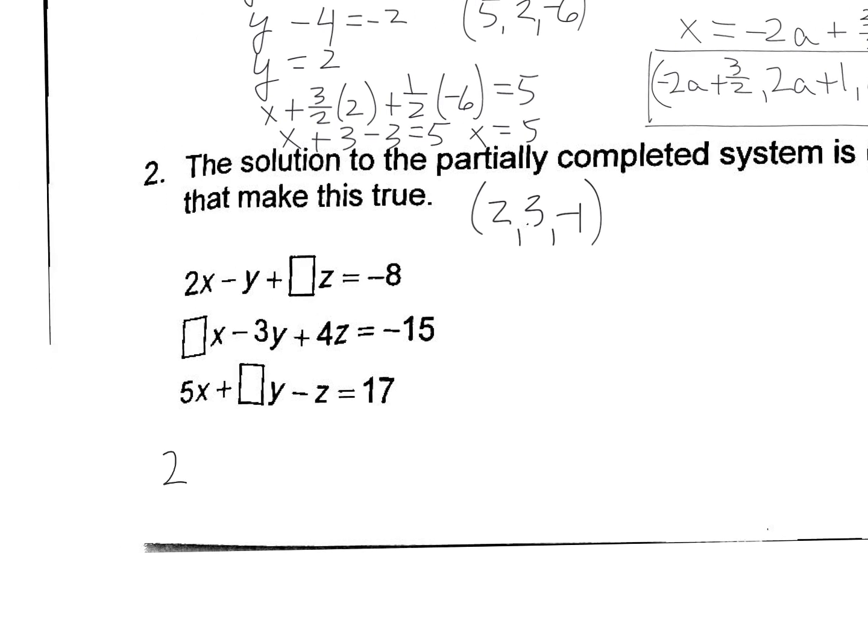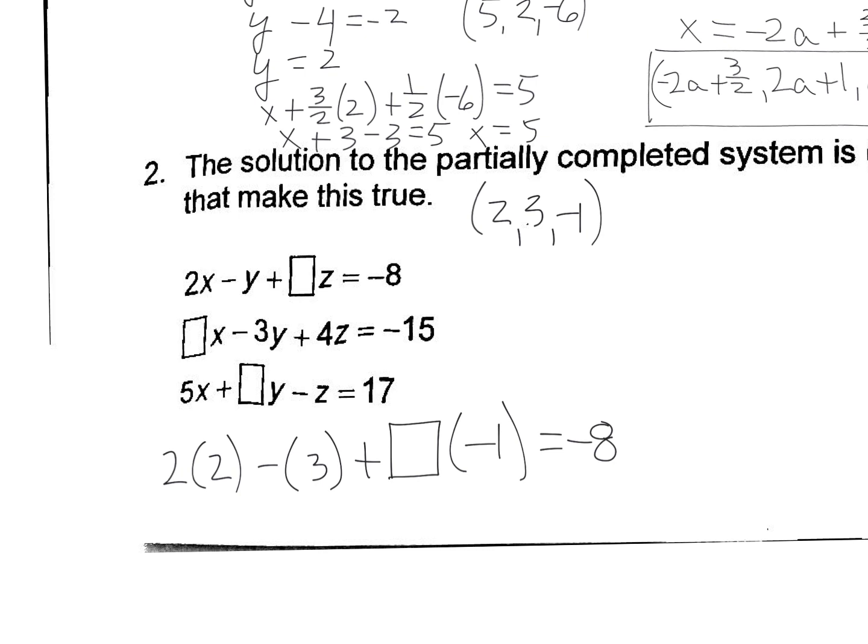So I have 2 times 2, so I have 2x, but x equals 2, so I plug that in, minus y, which equals 3, plus, I'm just going to keep this as an open box. Of course, we could make it a variable, like a or b, whatever. I'm just going to keep it as that open box, and then I have z equals negative 1 equals negative 8, and then I'm just going to solve that.